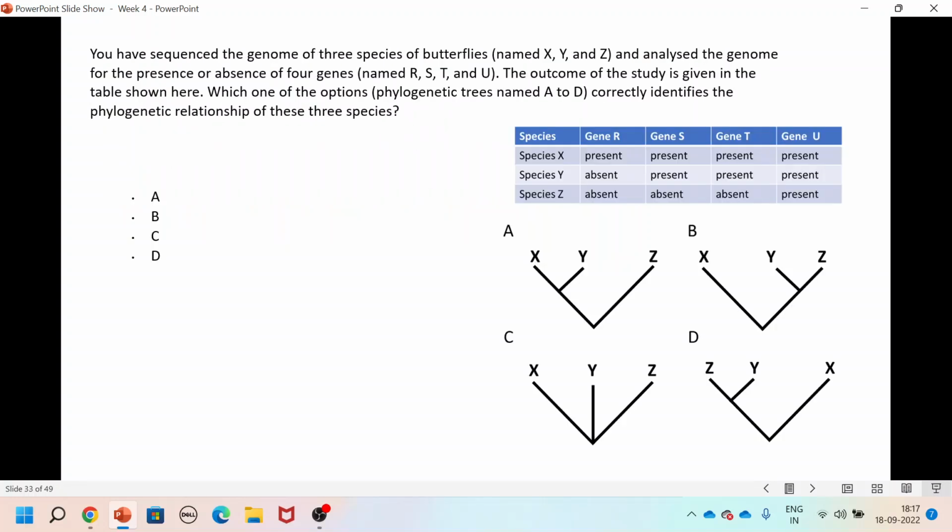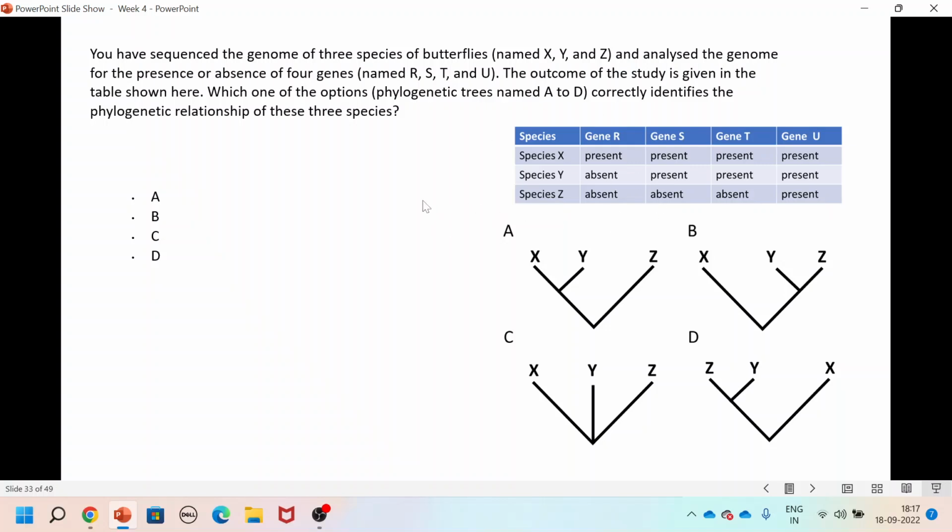The next question is, we have sequenced the genome of three species of butterfly named X, Y, and Z, and analyzed the genome for the presence or absence of the four genes R, S, T, and U. So these are the three different species analyzed for four different genes. Based on their presence or absence, I would like you to predict which is the correct phylogenetic tree depicting the information present in the table.